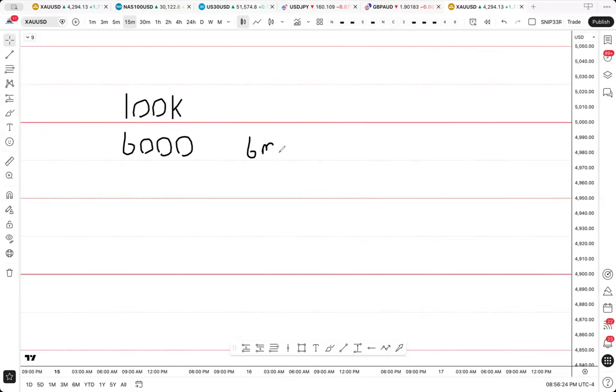Now, that doesn't mean when you get a trade that you put on 6 micros all at once.